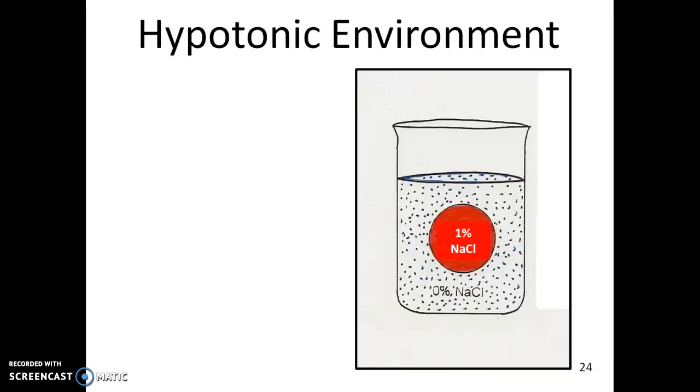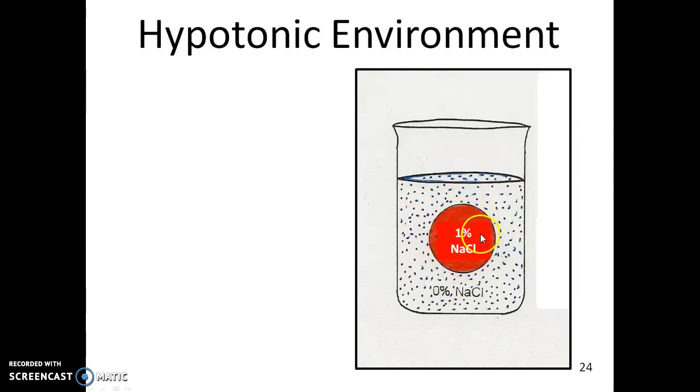So let's see what's going to happen. You can see here we have a beaker. And in that beaker, I've placed 1 red blood cell. And it's obviously larger so that you can see it. And we are in a beaker of water. So the salt concentration inside the cell is 1%. So obviously percentages should add to 100.